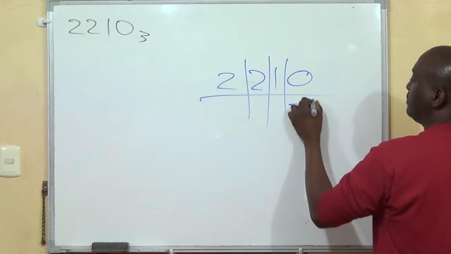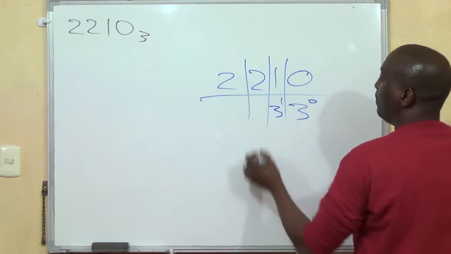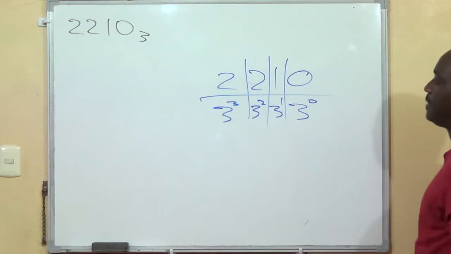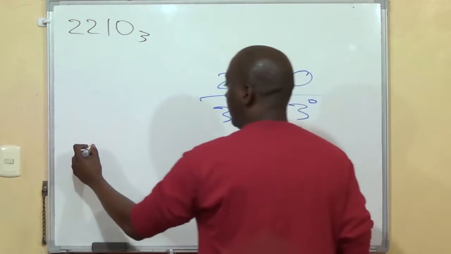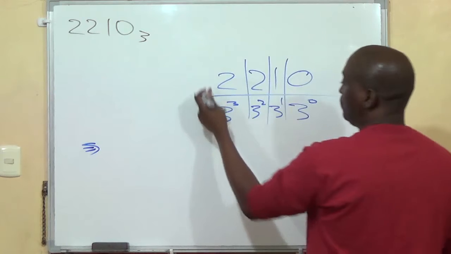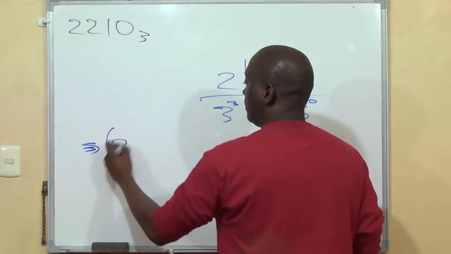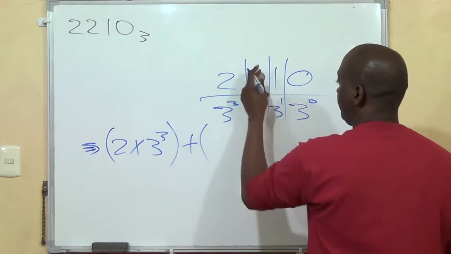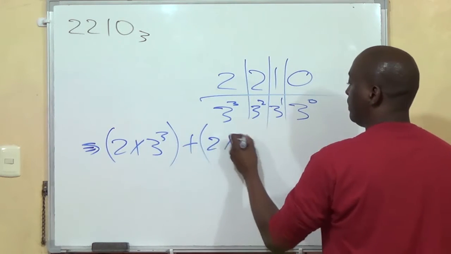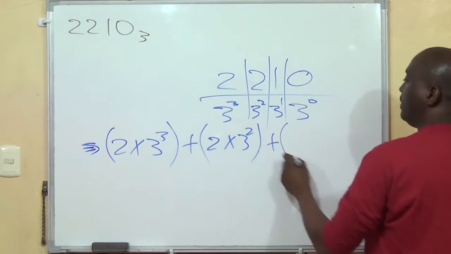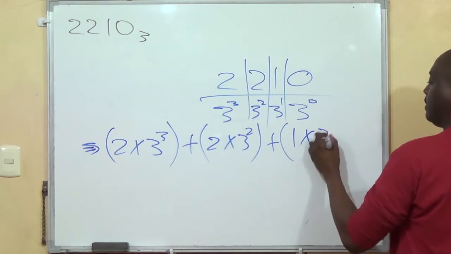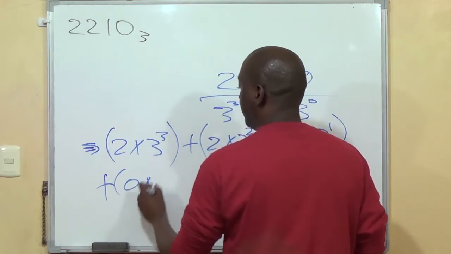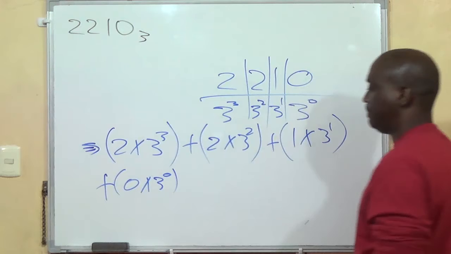We draw the little table there. This of course will be 3 to the power of 0, 3 to the power of 1, 3 to the power of 2, and 3 to the power of 3. And then when we write it out, we will have as follows. This will be 2 by 3 to the power of 3 plus 2 by 3 to the power of 2 plus 1 by 3 to the power of 1 plus 0 by 3 to the power of 0.